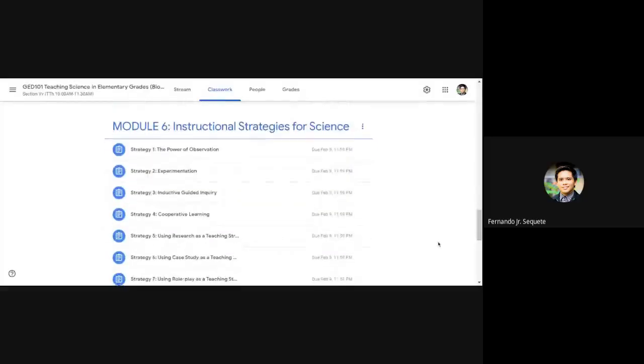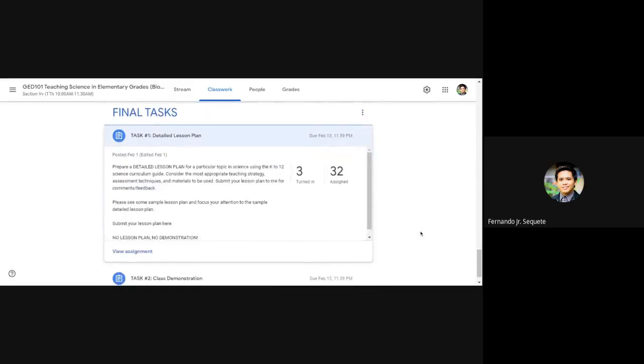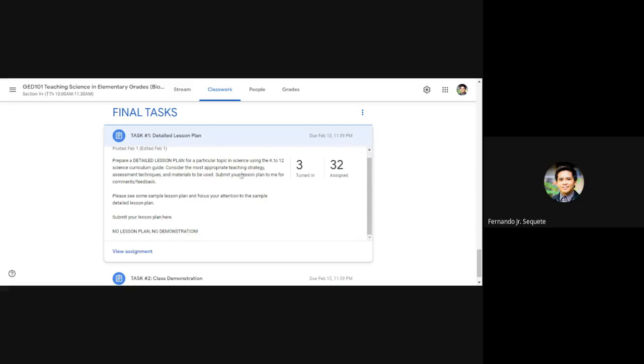Now, for the lesson plan, baba tayo. Dito tayo sa final task. Sa final task natin, yung sabi ni Lindsay, isa lang. I prepared a detailed lesson plan for a particular topic.